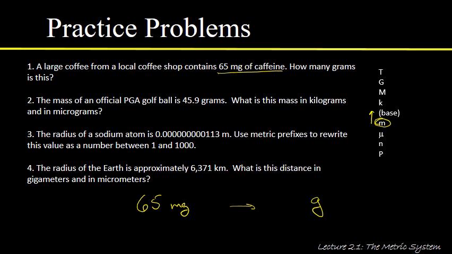So that means we are increasing the value by a factor of 1,000 by this change in prefix. And so if we increase the value of the prefix by 1,000, we need to decrease the value of the number by 1,000, and that means move the decimal 3 places to the left.